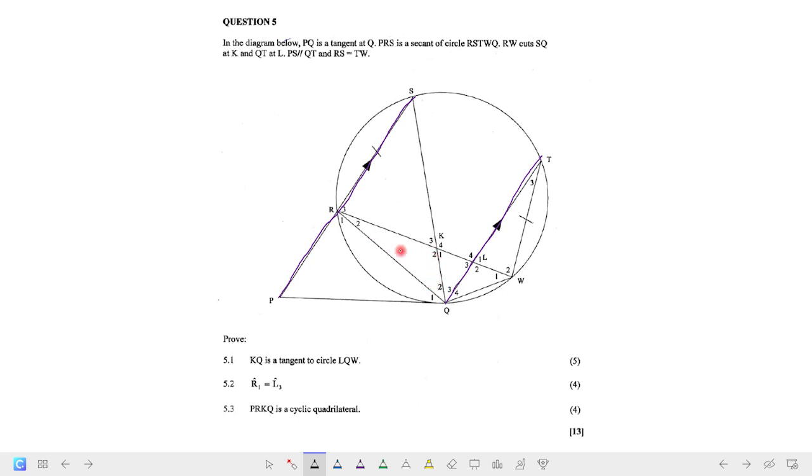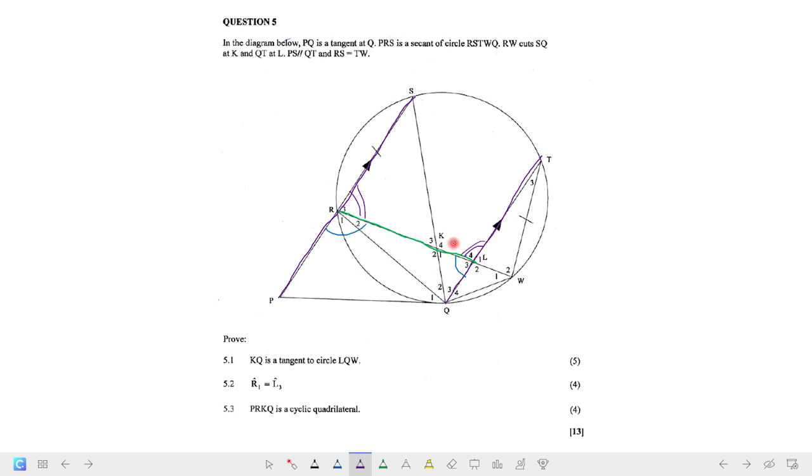Now I can see this one. Now if I'm looking at RL, in RL I can see that it gives me two co-interiors. It gives me these two, right? And secondly, it gives me the other two. So let me just highlight these other two, right?